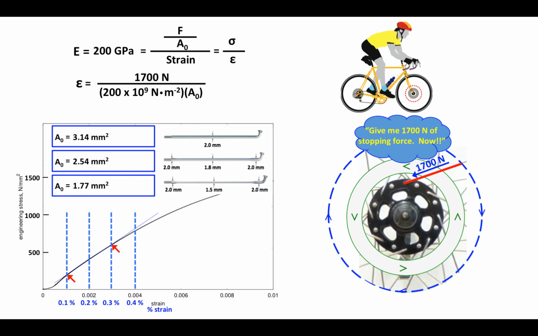And what I want to do is calculate epsilon, the strain, for each of those different spokes with that amount of applied force. For my 3.14 millimeter spoke, when I calculate that out, I get epsilon is equal to 0.0027, which is 0.27%.